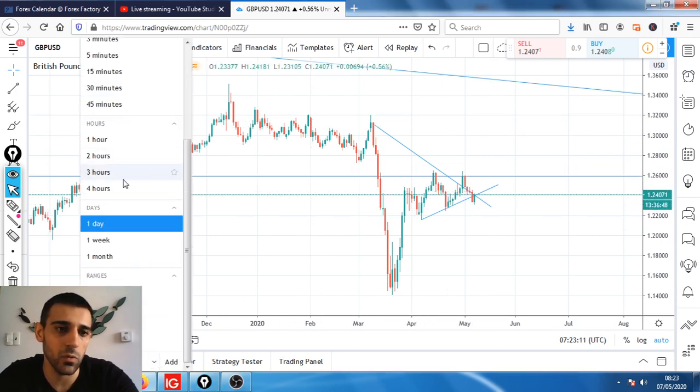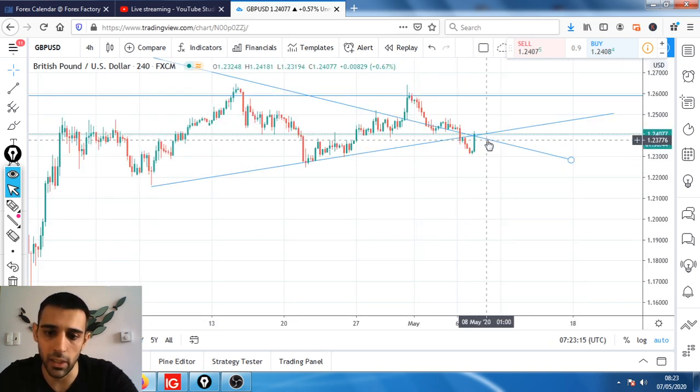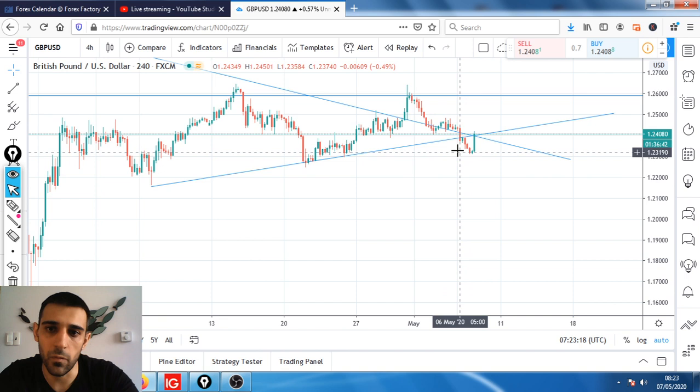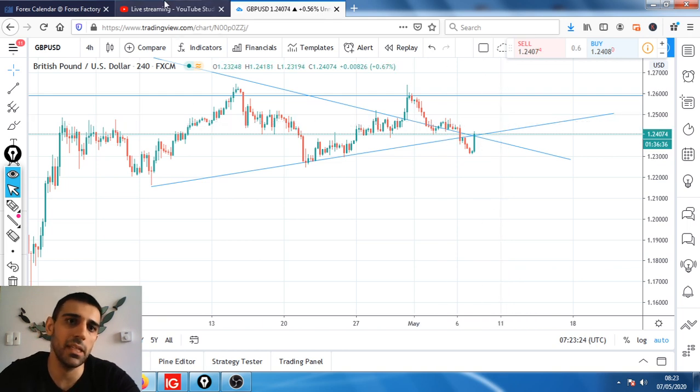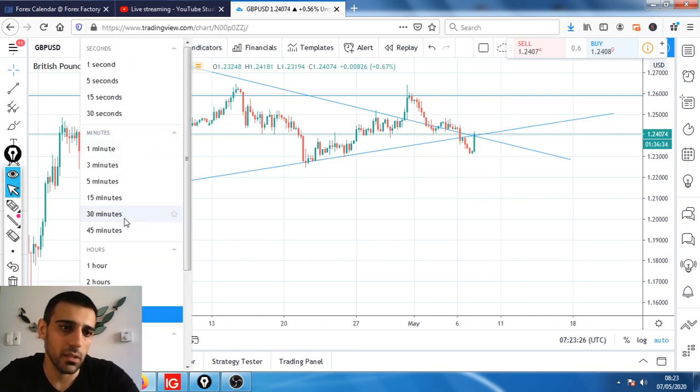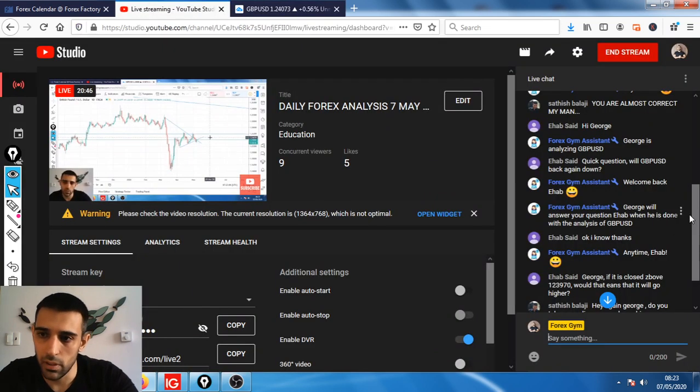However, that can of course change, and the price can turn around and go down. But for now, my view is that the price can potentially push to the 124.70 zone. I did mention all the levels on that. What else was it?